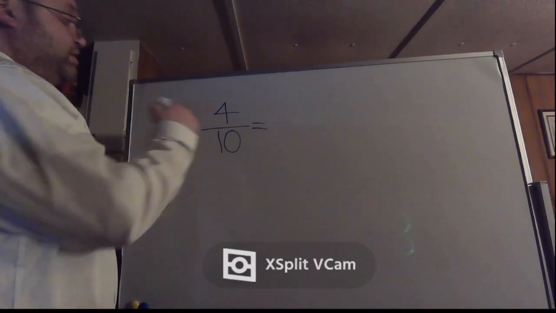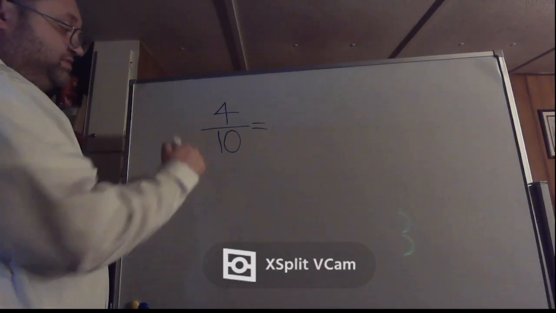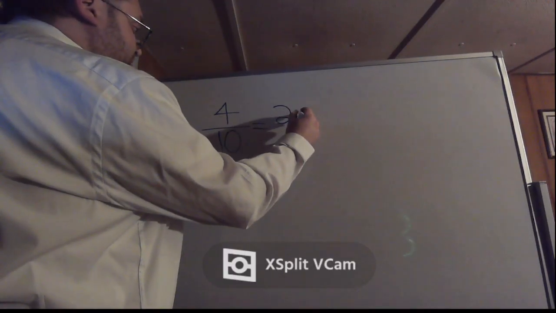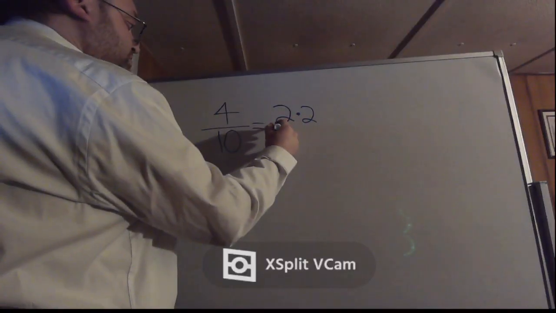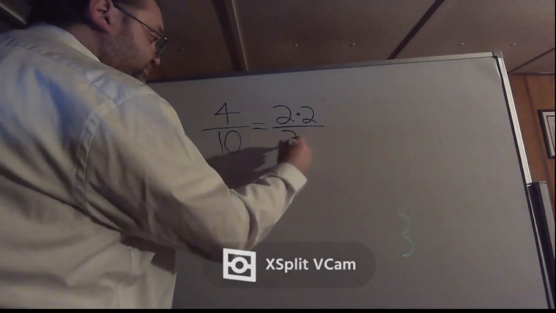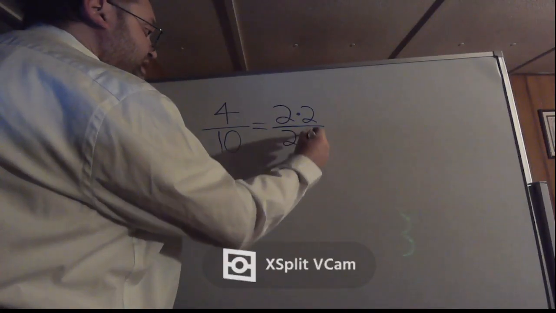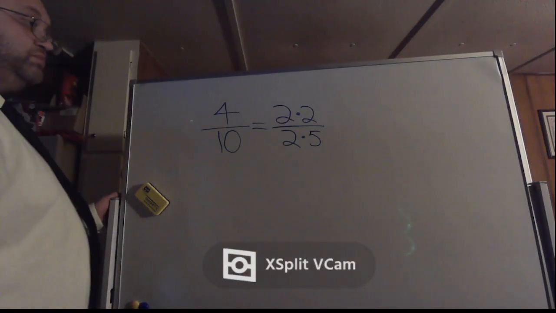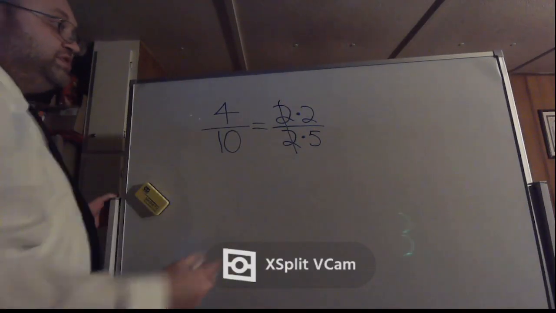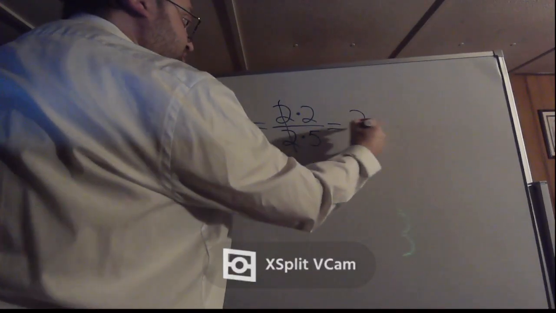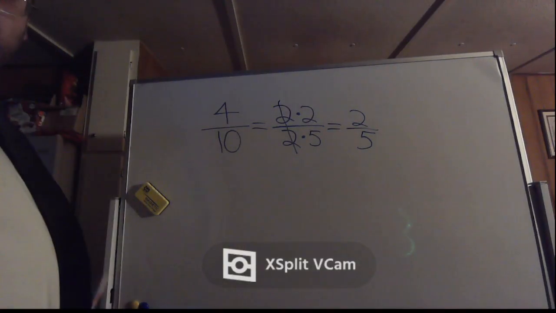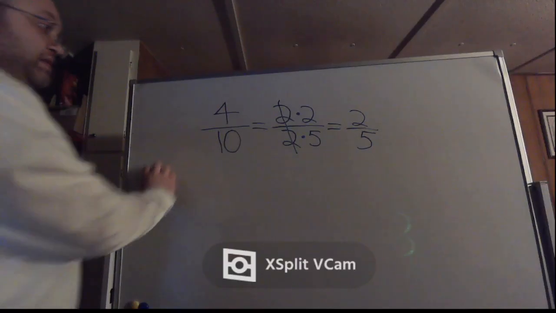So we know there's factors of 2 for 4 and factors of 2 for 10, so we're best to write it in factors of 2. So 4 is 2 times 2. Those are factors. 10, you have 2 times 5. Well, we notice here, numerator and denominator, we can cancel one set of 2's, and you are left with 2/5. And 2/5 we can't reduce any further, so that would be your final answer.